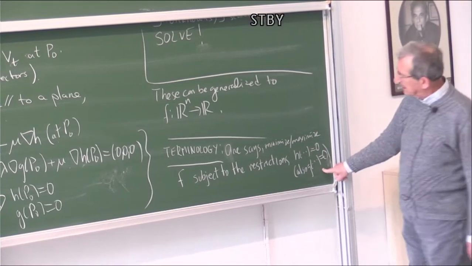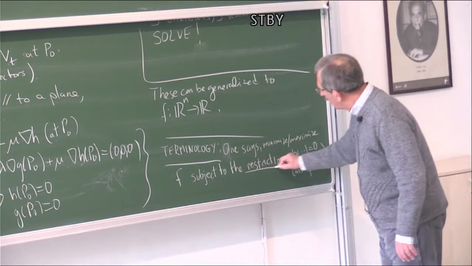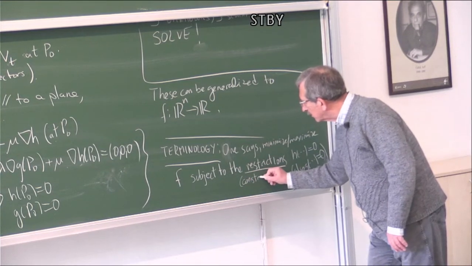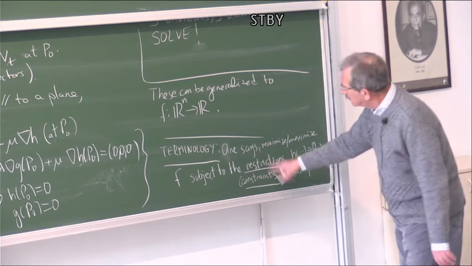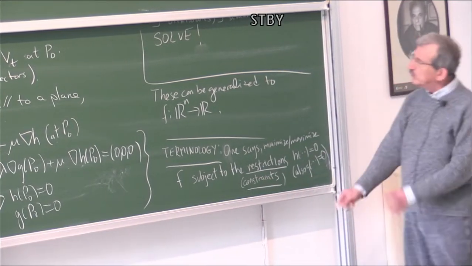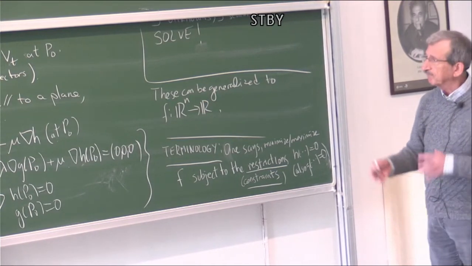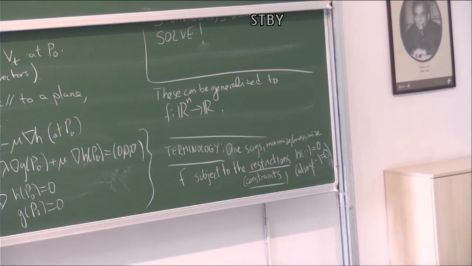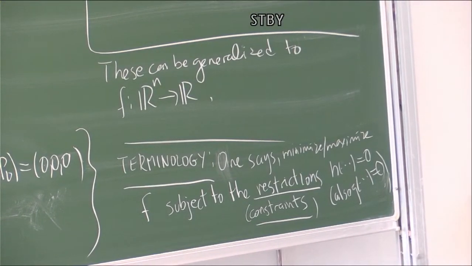So these restrictions are also called constraints. This wording is used in defining a Lagrange problem. So now, let us pass to examples.